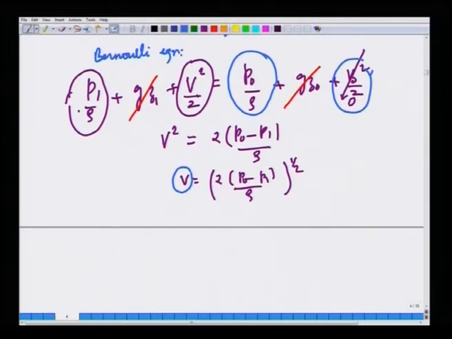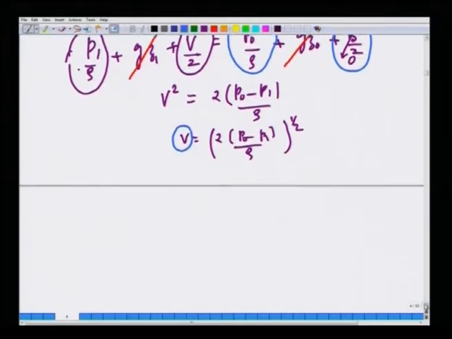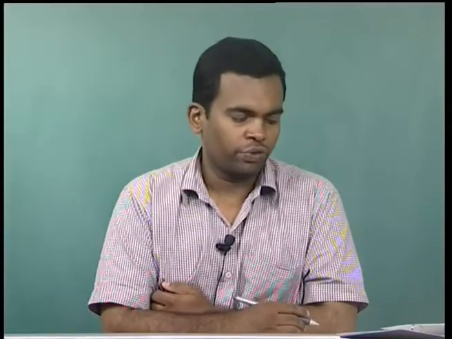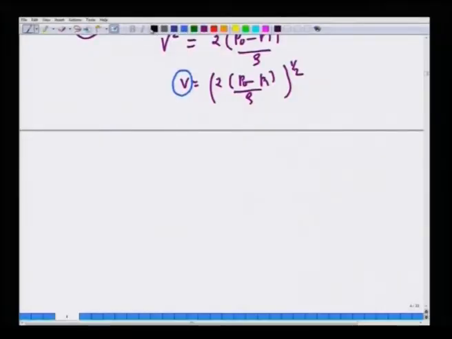Suppose you are able to measure the pressure difference between a stagnation point and another point where the fluid is flowing, then you can estimate the local velocity of the fluid at the point where you measured the static pressure. Now, how do we do this experimentally? This is conceptually how it comes about, but we also have to find a way experimentally, and it is done by what is called the pitot tube.